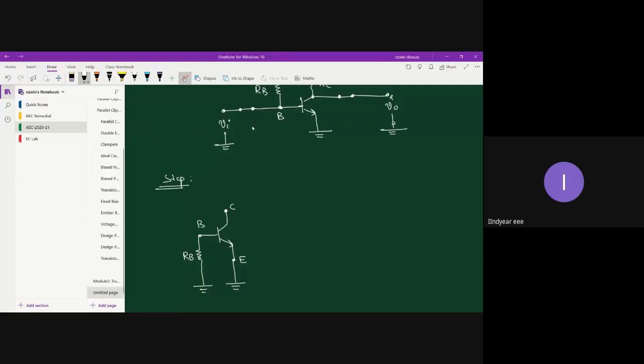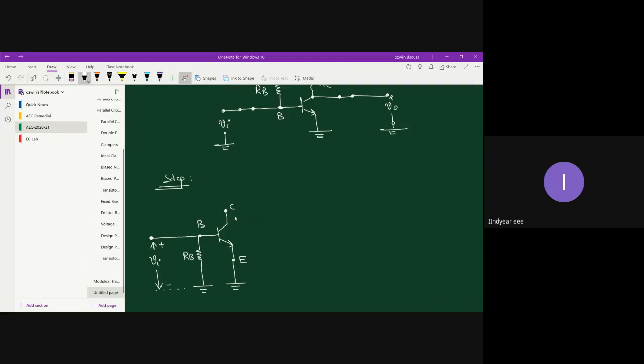And the same base terminal is then connected to the input, right? So just draw a wire and connect an input here. So the input is connected across the base node and the ground node. So this is my input.